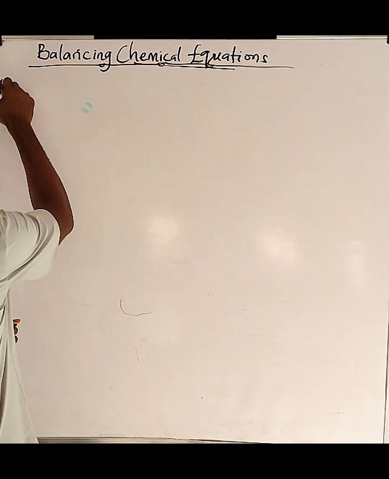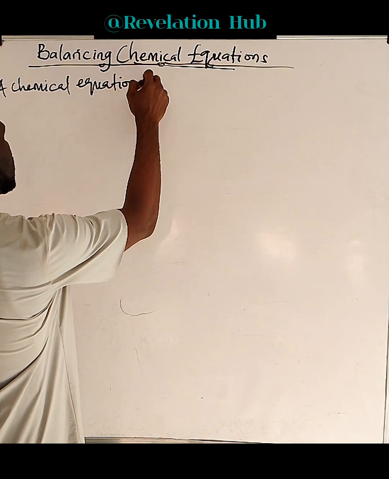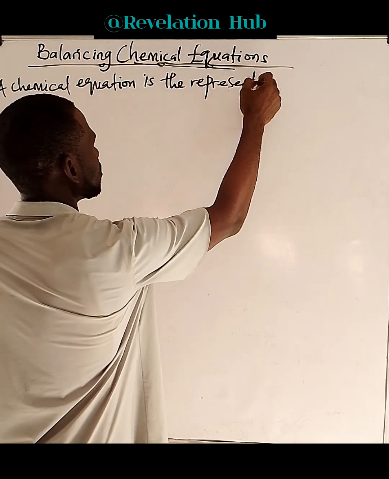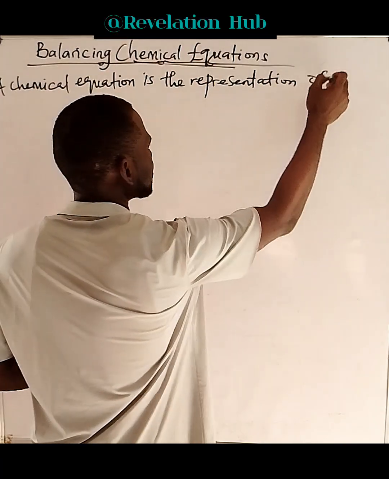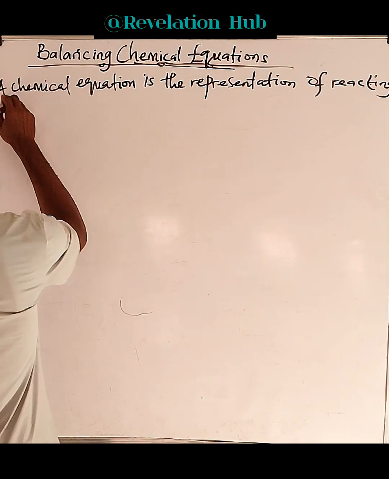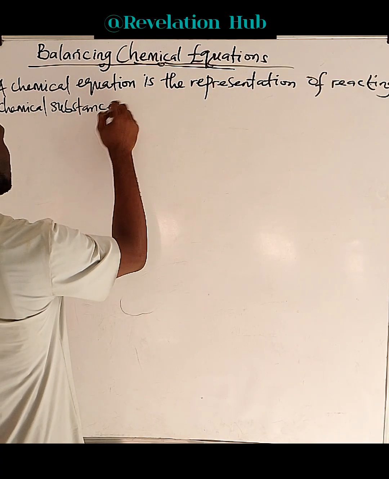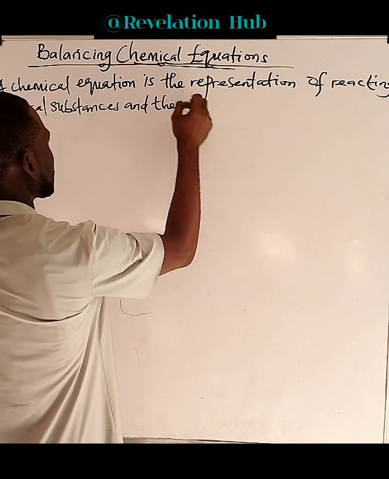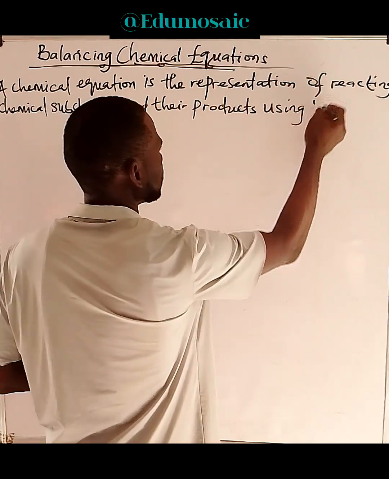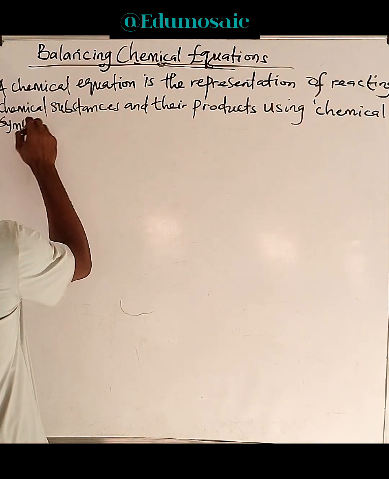So, a chemical equation is a representation of reacting chemicals, or reacting chemical substances, and their products, using chemical symbols.